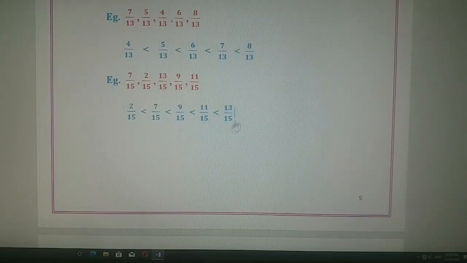So these fractions can be arranged very easily by writing 2 upon 15 is less than 7 upon 15 is less than 9 upon 15 is less than 11 upon 15 is less than 13 upon 15.